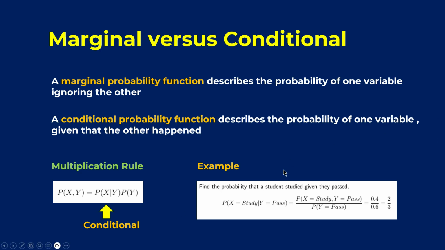The probability of x equal to study, given that y equal to pass has already occurred, can be obtained through the joint probability of x and y divided by the marginal probability of y. If we extract the numbers from the previous slide, we get 0.4 divided by 0.6, which is equal to 2 by 3, or 67% probability that the student studied given that they passed the exam.